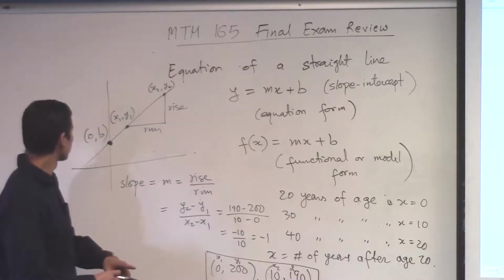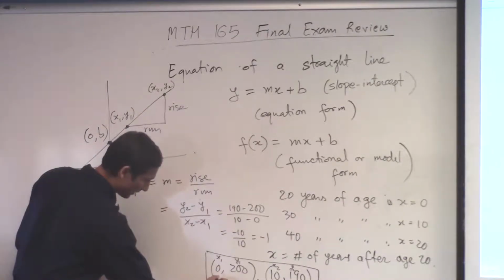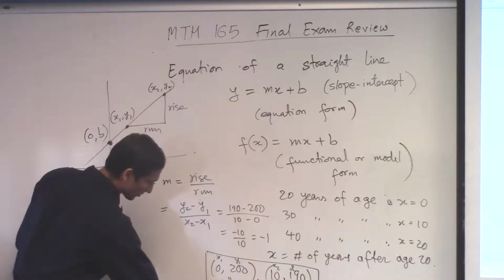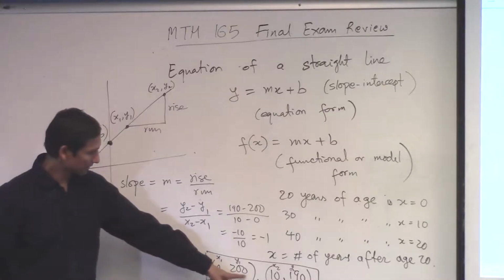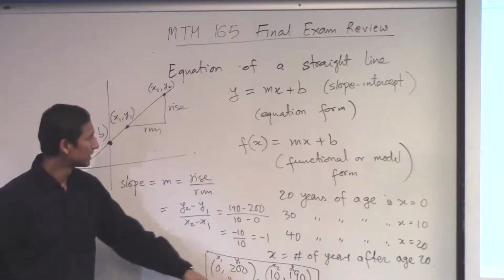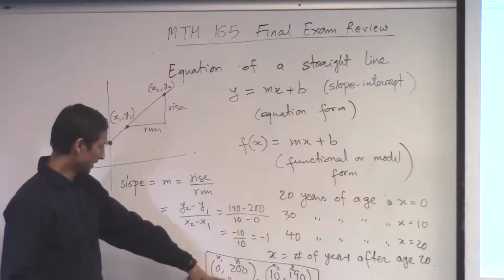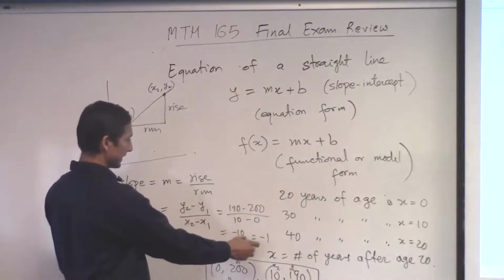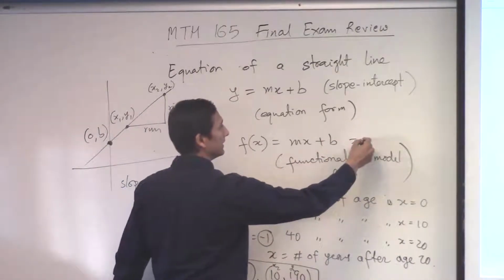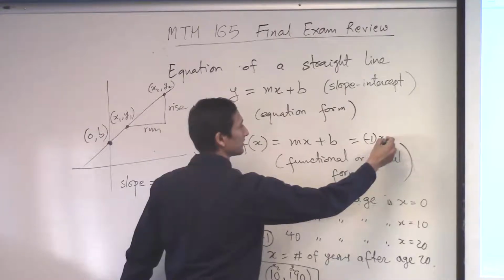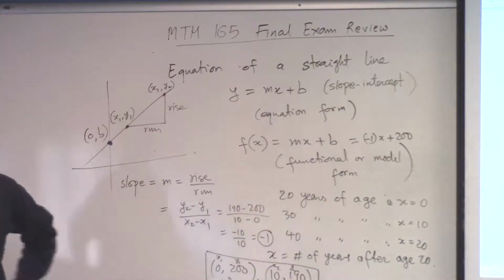And then we also see this is the y-intercept, so this is also (0, b). So b is 200, because that's the y-intercept. So mx plus b becomes, with m negative 1 and b 200, negative 1x plus 200.